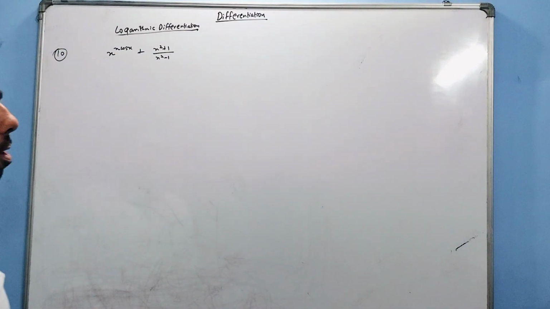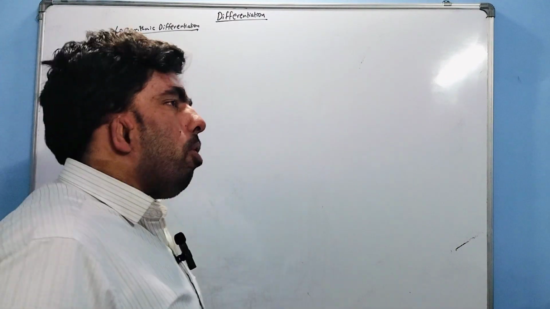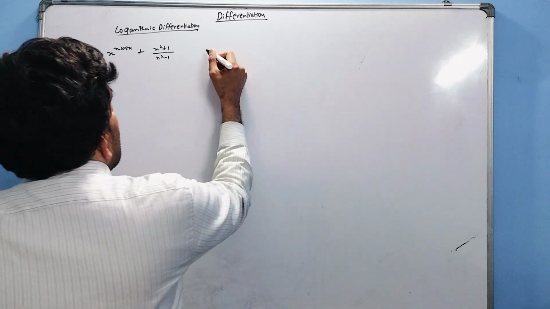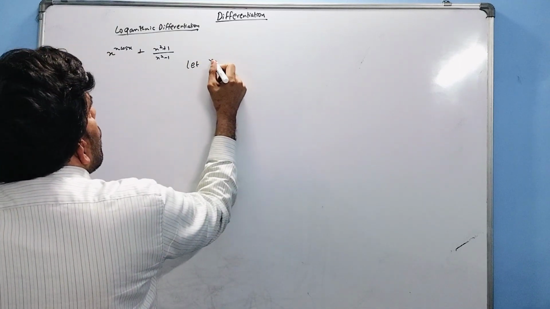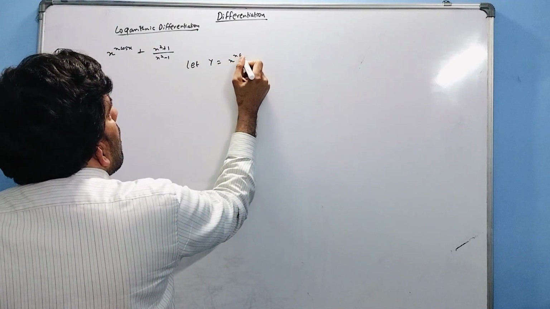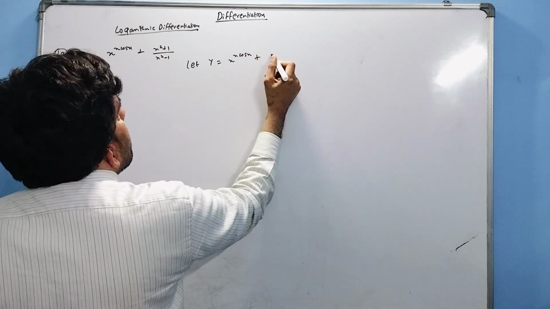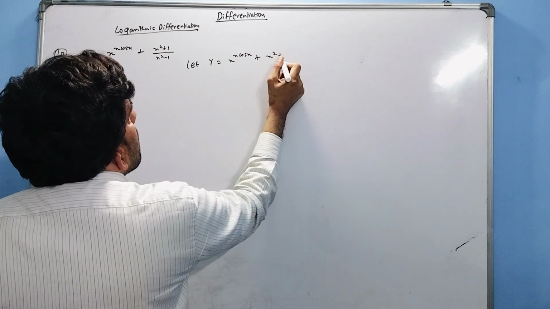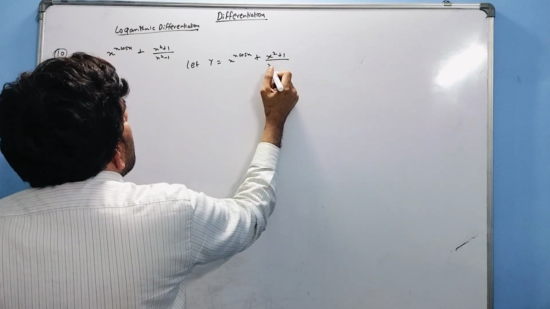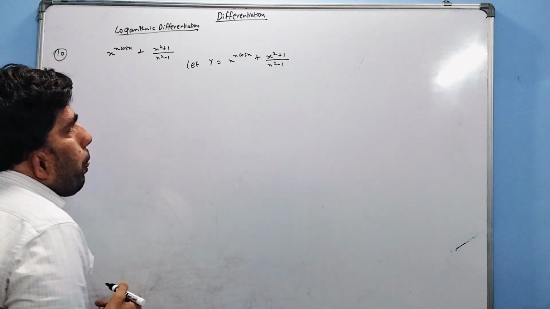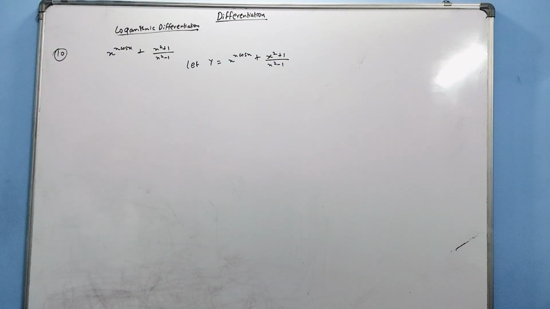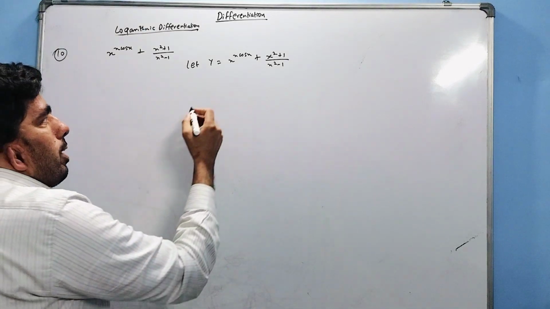Now let us try to solve using the log. How? Let y be equal to x to the power x cos x plus x square plus 1 upon x square minus 1. Let's try taking log on both sides.